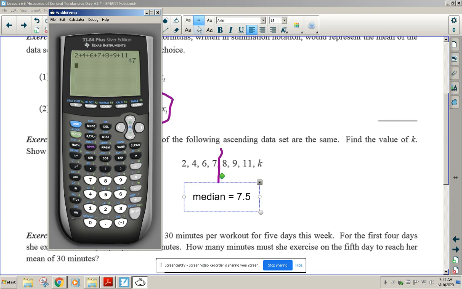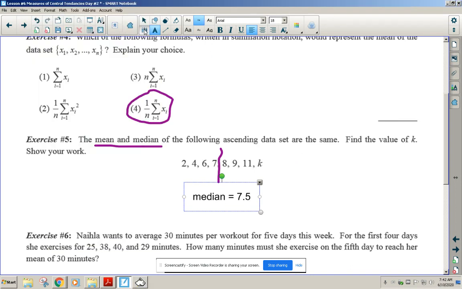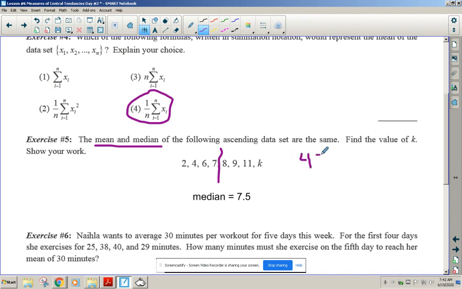That adds up to 47. So let's move that over. This now gives me 47 plus K, because I don't know what K is. So when I take an average, I add up everything I have, divide it by the number of items I have, and they said that the mean is going to equal the median. So now this is going to equal 7.5.